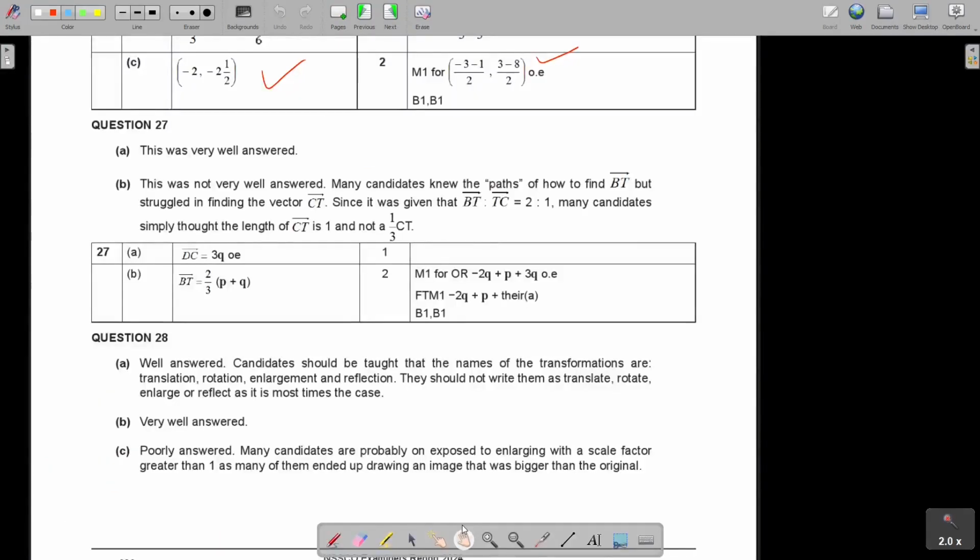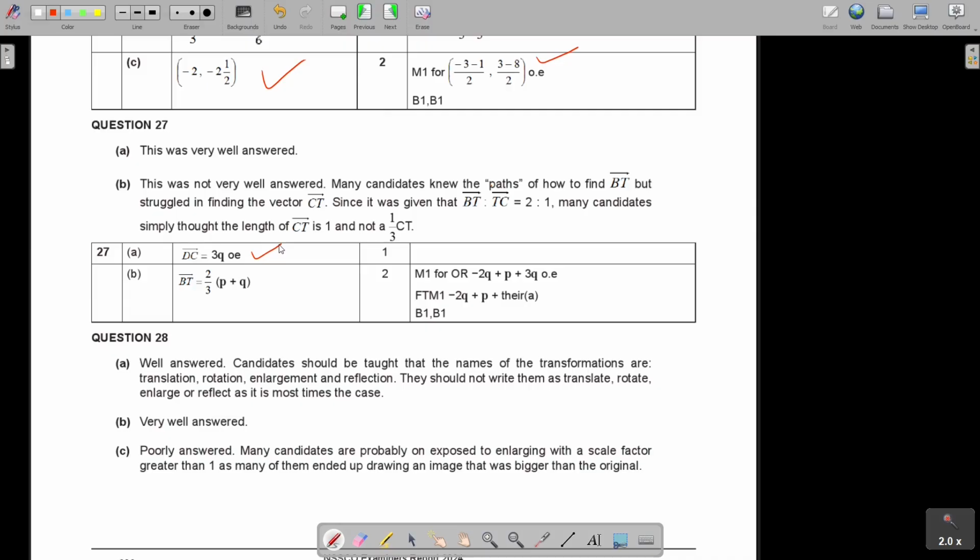Let's go to the exam report. On the exam report, question 27 was very well answered. So this was just 3Q, 1 mark only. Question B was not very well answered. Many candidates knew the path of how to find BT, but struggled in finding the vector CT.